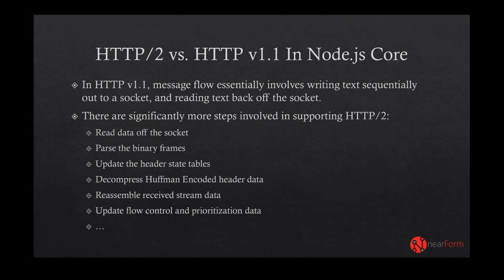Going in, looking at the HTTP2 versus HTTP1 in Node Core. As I was talking about, the HTTP1 message flow essentially involves writing just a sequence of text directly out to a socket.